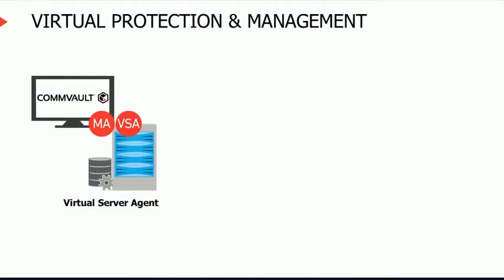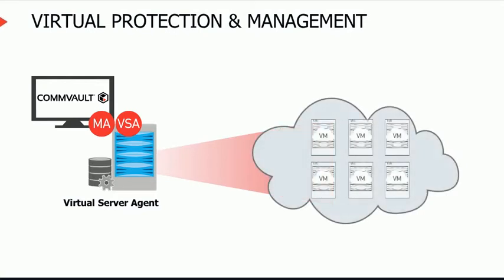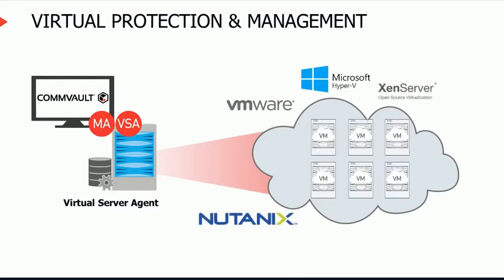The CommVault Virtual Server Agent, or VSA, provides a policy-based protection, recovery, and management mechanism for different virtualization platforms. The CommVault VSA currently supports core data protection and recovery operations for the following hypervisors: VMware, Microsoft Hyper-V, Xen Server, Nutanix Acropolis, and Red Hat Enterprise Virtualization.